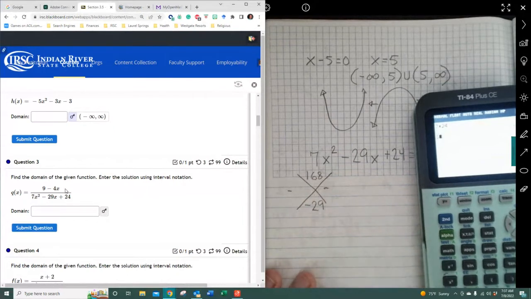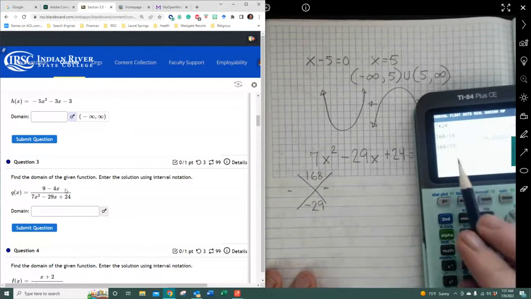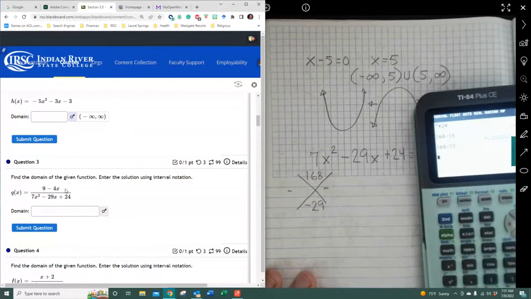So we take 168 and let's just say divide it by, I don't know, 18. Let's see what happens. Divide it by 18, and it gives you 9. I just chose something at random. It's not going to end up being divisible by 15, but you're trying to see what numbers will work.